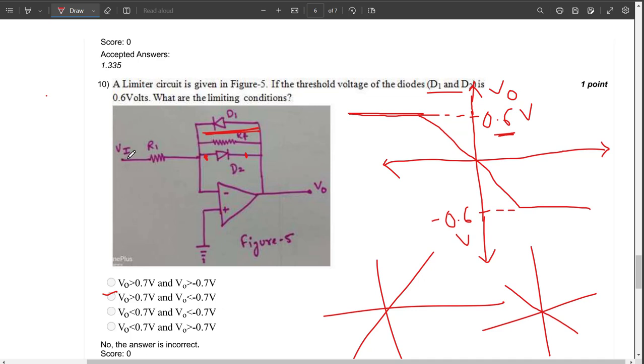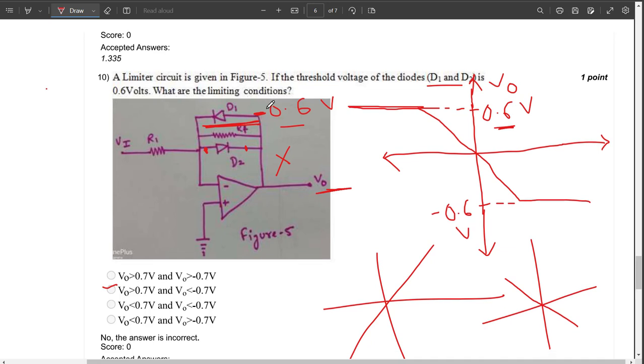Similarly, when VI goes below minus 0.6, this one will be reverse biased and switched off, and the other will be conducting, with threshold voltage 0.6, so a maximum of minus 0.6 volts will appear here. Understood what is happening here?